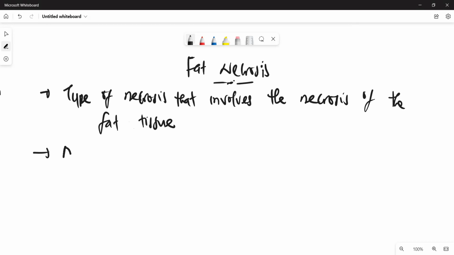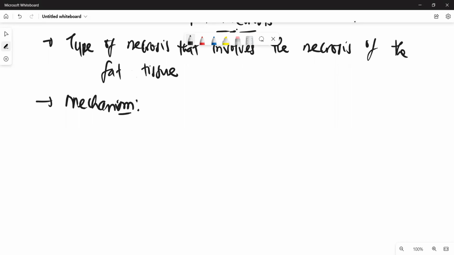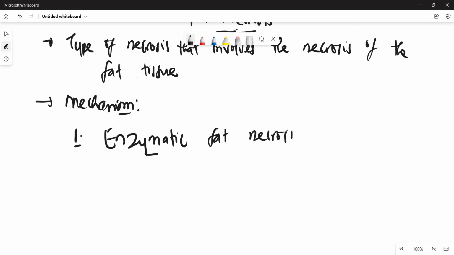And there is a mechanism behind this fat necrosis. The mechanism is divided into two. Number one, it could involve the enzyme. If it involves the enzyme, we call it enzymatic fat necrosis, right? And the other type is when it doesn't involve the enzyme, which is what we call non-enzymatic fat necrosis.